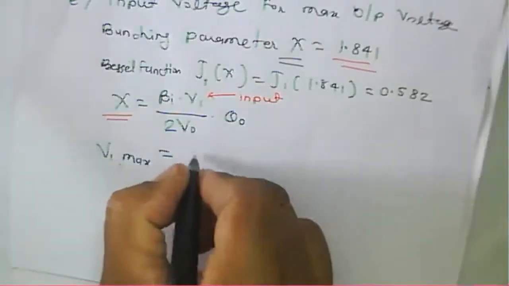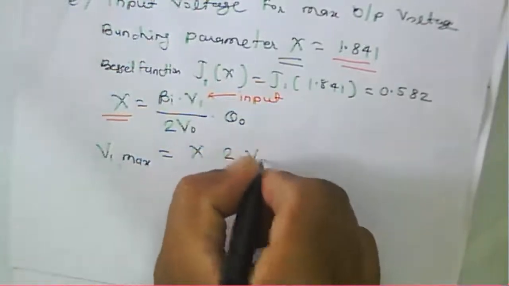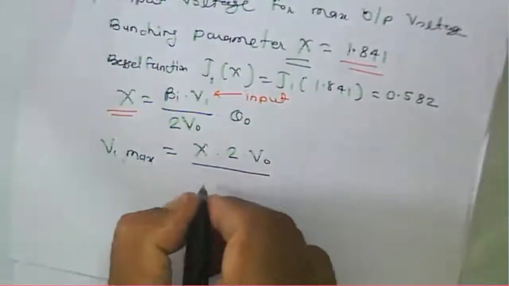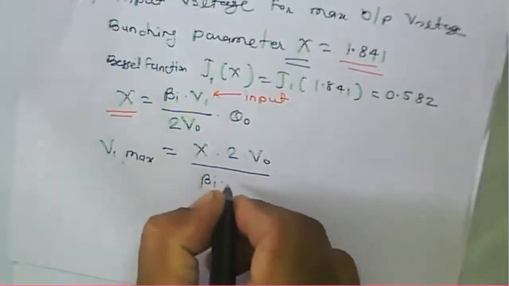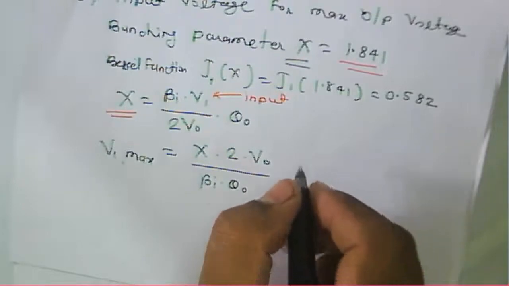So we can find V1 max. V1 max is equal to x times 2 V0 divided by the beam coupling coefficient beta i and theta 0, that is the DC transit angle.